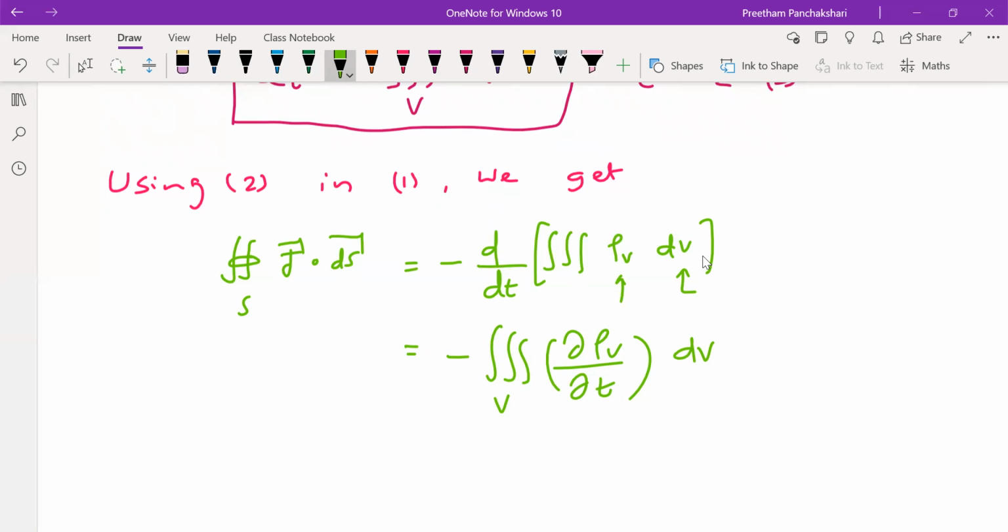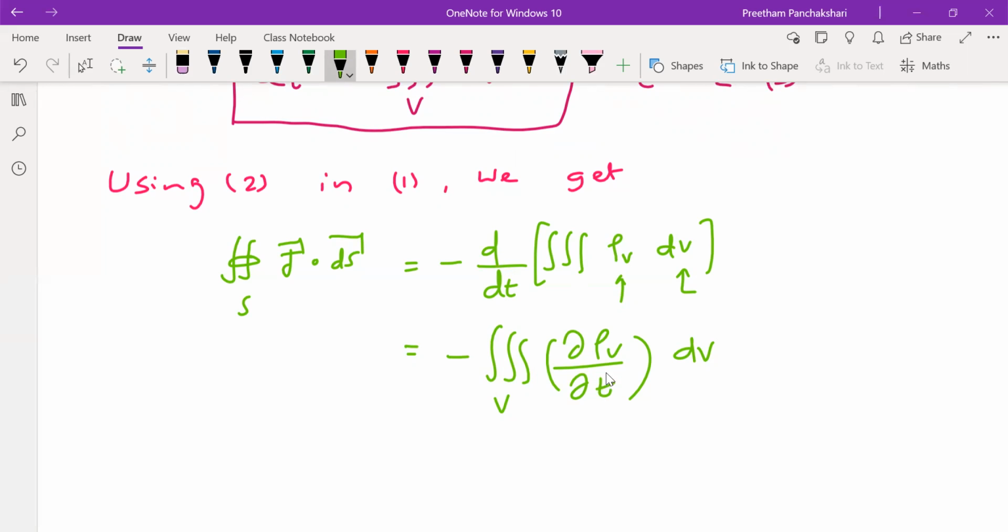Space and time are independent of each other. The space volume doesn't change from time to time. So volume and time are both independent. So integration and differentiation do not get cancelled because of the different variables. Since they are independent of each other, integration and differentiation can be interchanged. So I have taken out the integral sign and taken in the differential.